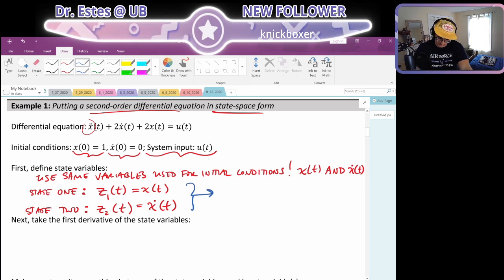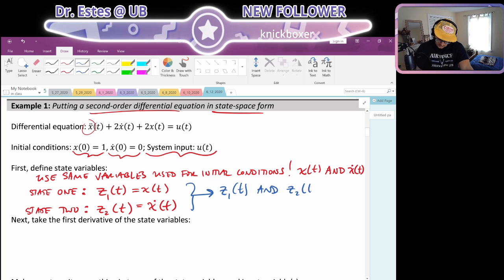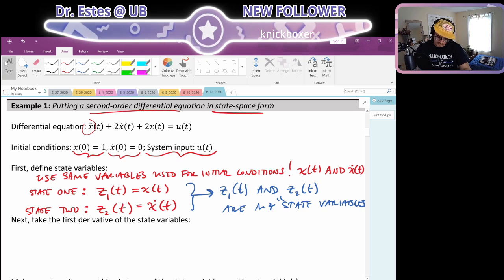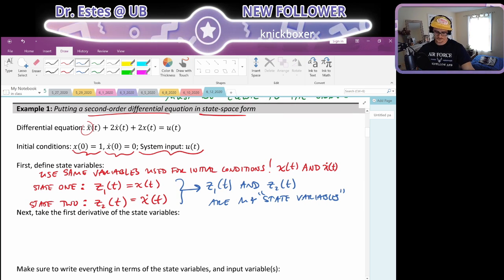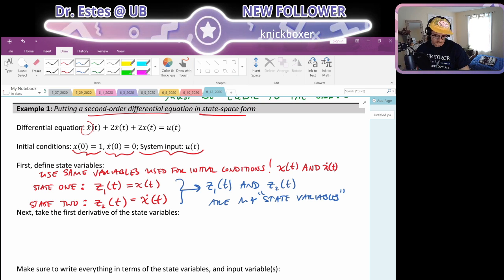So just to be clear, z1 and z2 are my state variables, and I just set them equal to the same variables that I saw for the initial conditions. So this is the first step you do when you make a state space model: you define your state variables.